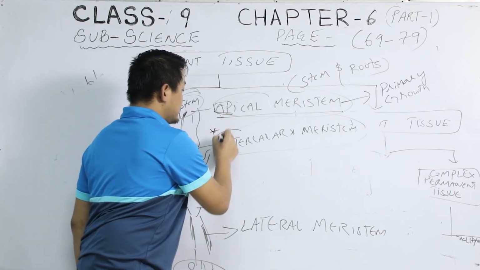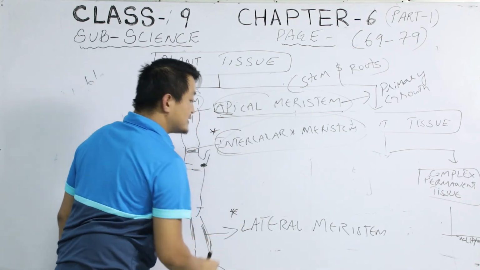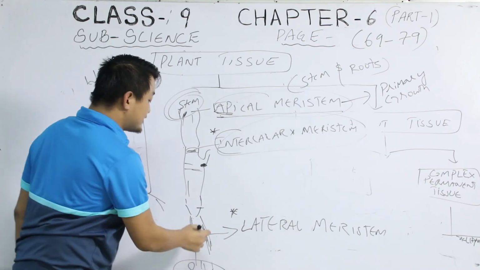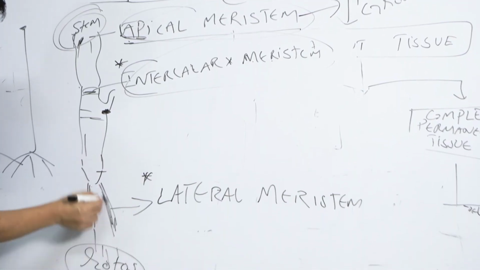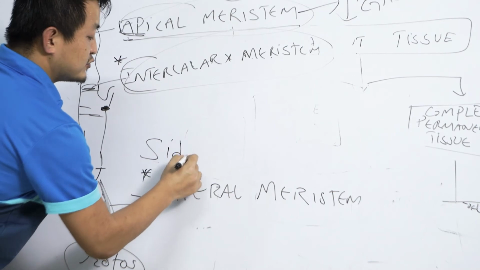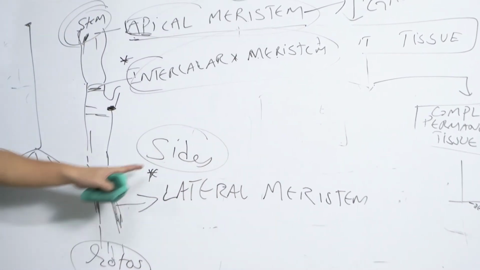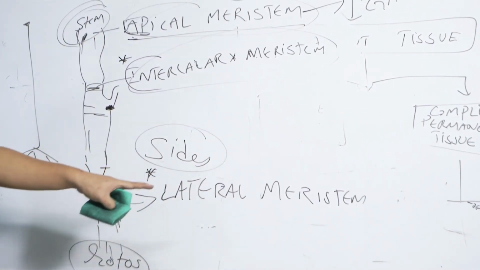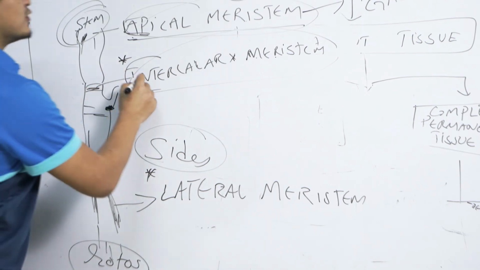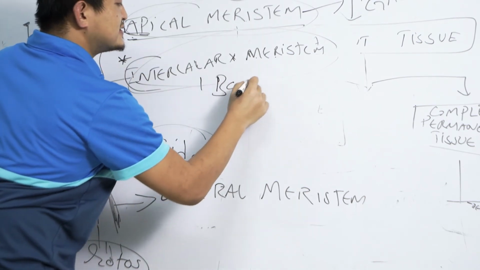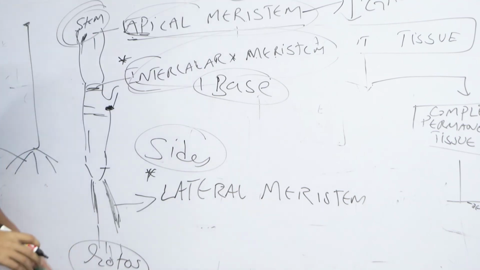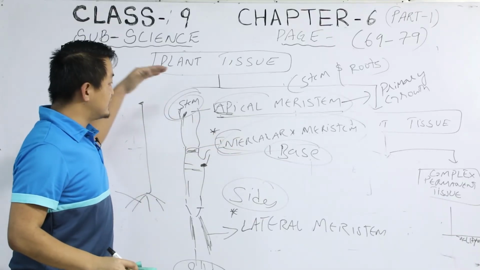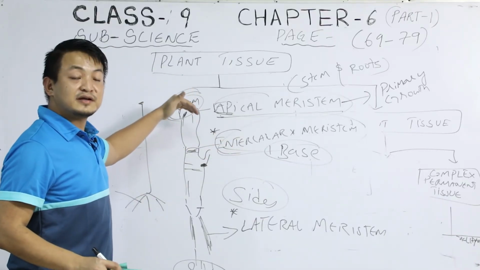And what about the lateral meristem? You'll find this one on the sides. Lateral means you'll find it on the sides. Intercalary you'll find on the base. All these three are under the meristematic tissue.